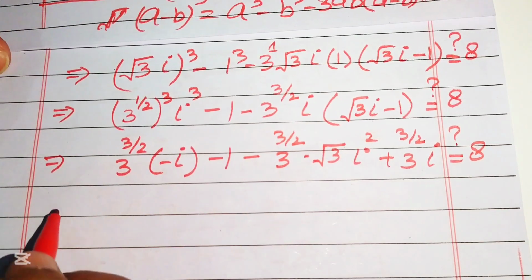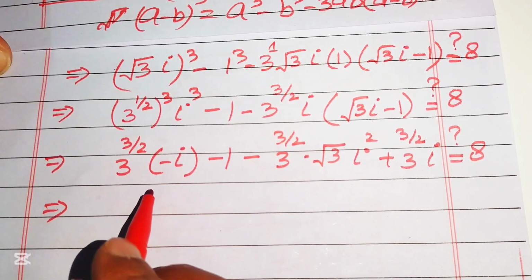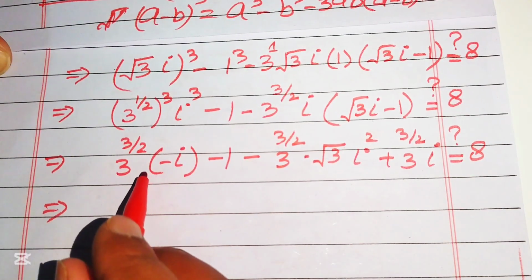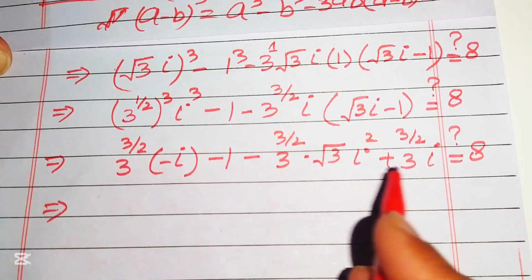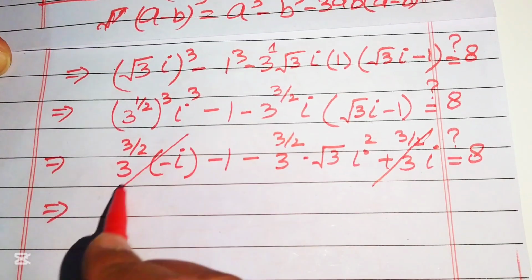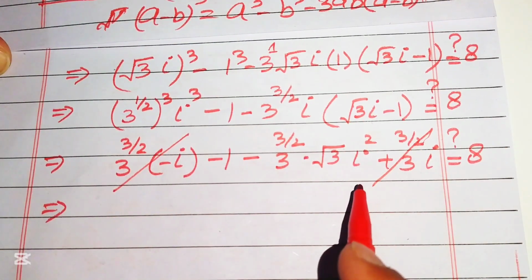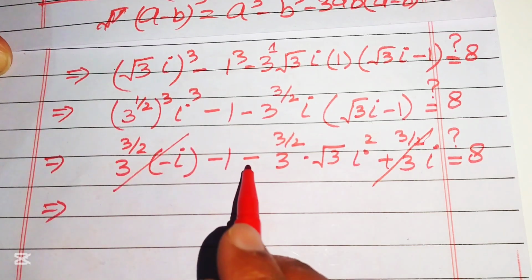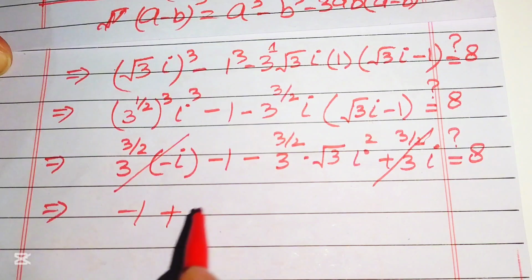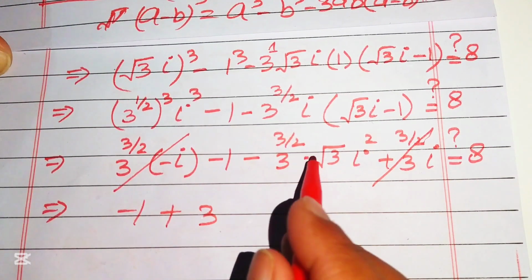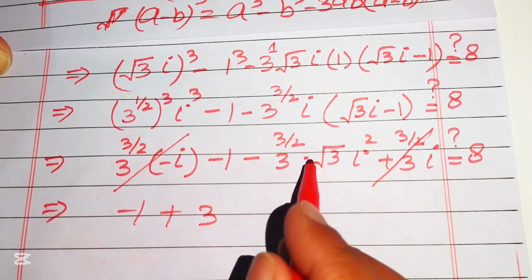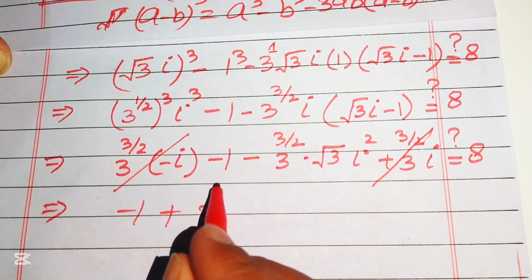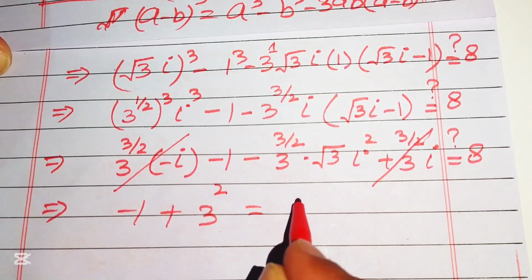After this step we see here this is minus 3^(3/2), and this is a positive value, these two are cancelled by each other, and we will get here i² = −1. So when you substitute it here, it becomes −1 plus, adding the exponents of these two terms, it will be written as 3², and this is equal to 8.